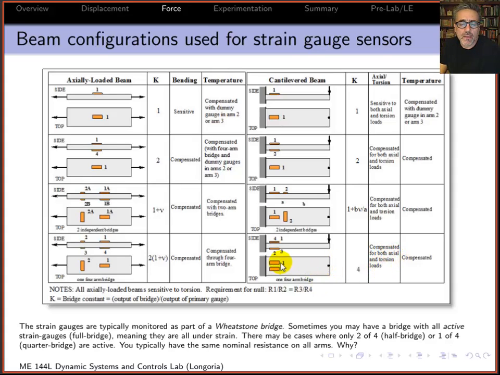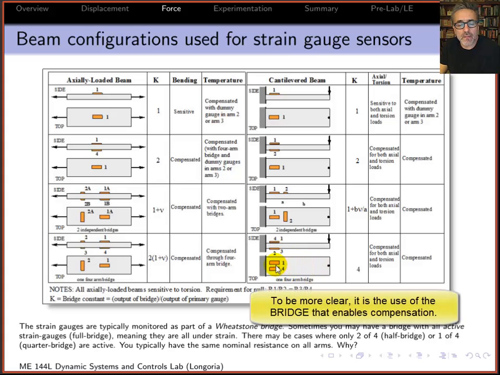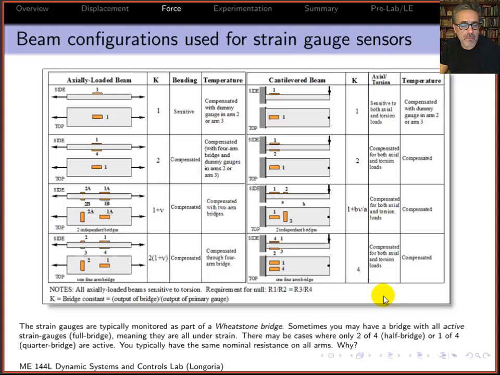So if you put an axial load on this configuration, this beam will not respond to that. You won't see any change in the output. Similarly, if you twist the beam, it's insensitive to torsion. It's also compensated if it starts getting hot and strain is induced due to temperature. You won't see any output due to temperature effects. So full bridge configurations tend to be really nice for this reason. Okay, so we're going to focus on that.